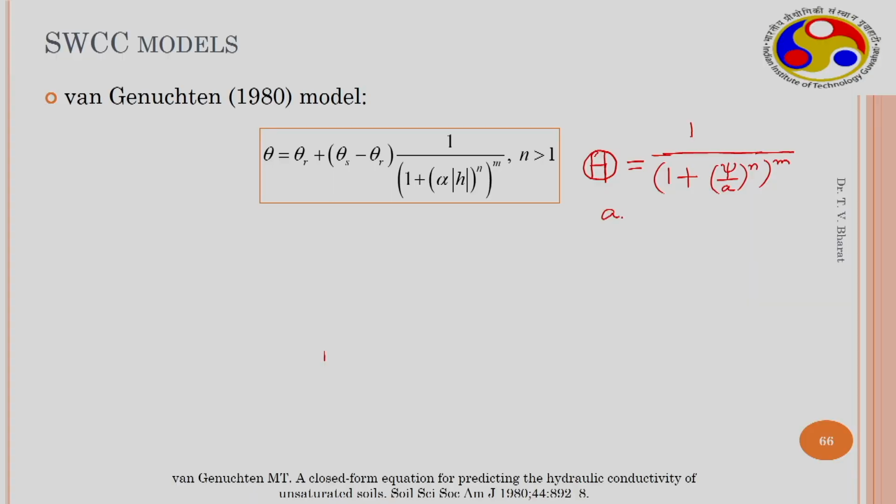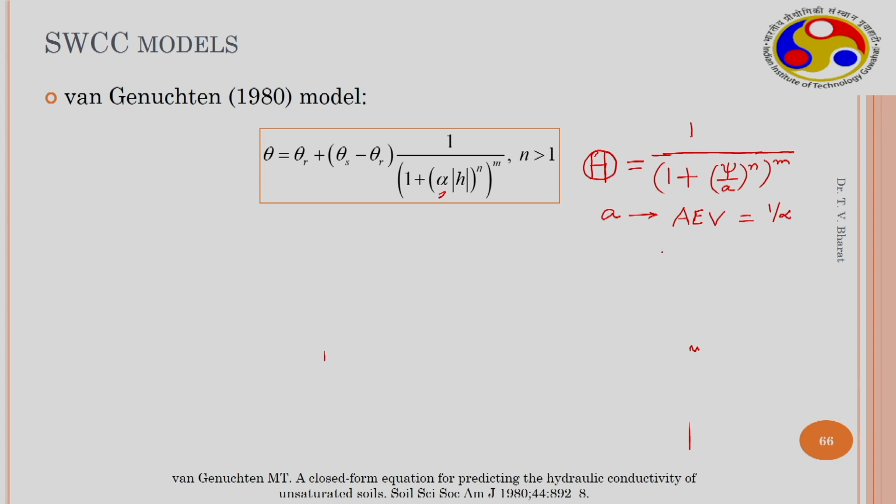Here a represents the air entry value, which is 1 over alpha when you compare with this expression, and a is related to the air entry value, but it is not equal to the air entry value. So therefore this is also a fitting parameter.